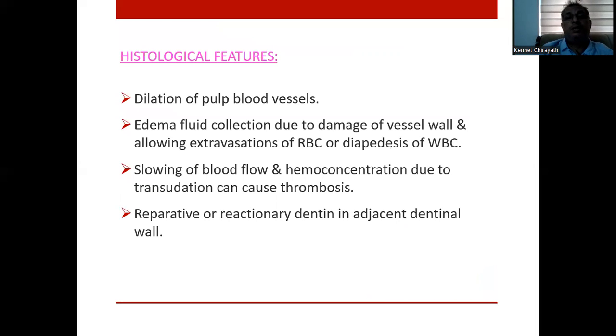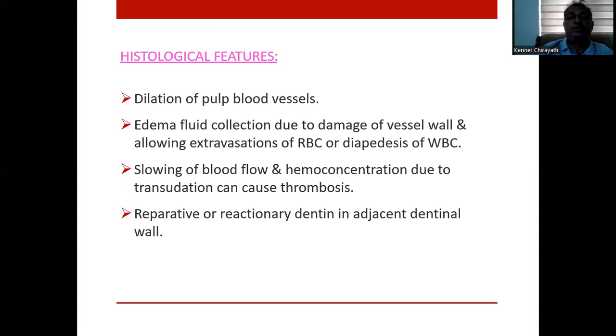Now coming to the histological features: dilation of the pulp blood vessels, and edema fluid collection due to damage to the blood vessels, allowing extravasation of RBCs or diapedesis of WBCs, and slowing of the blood flow.